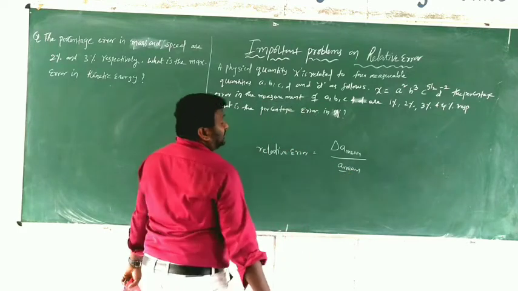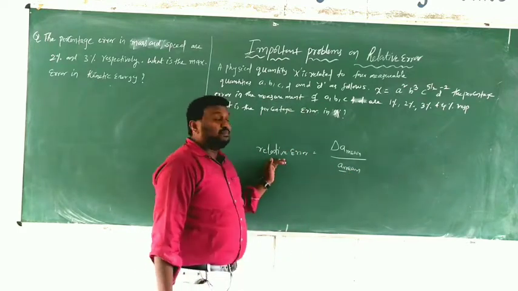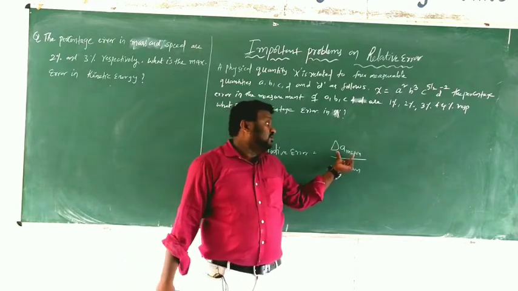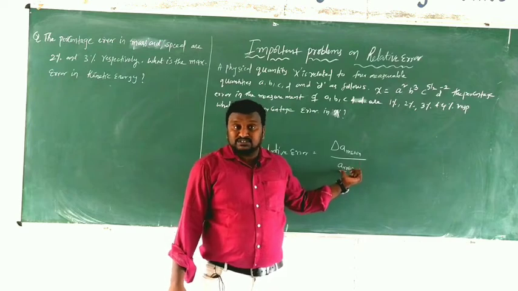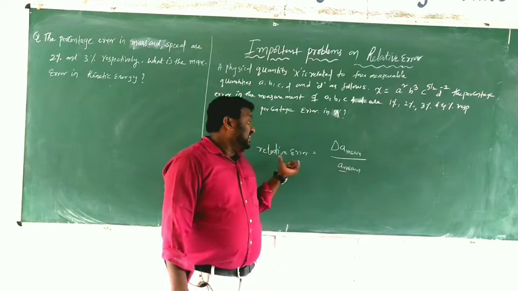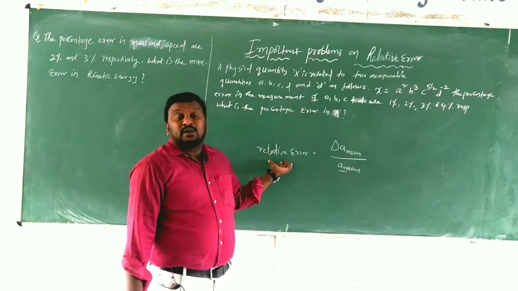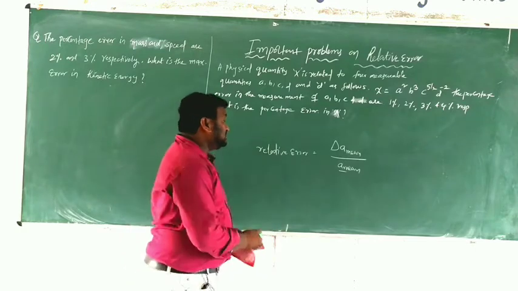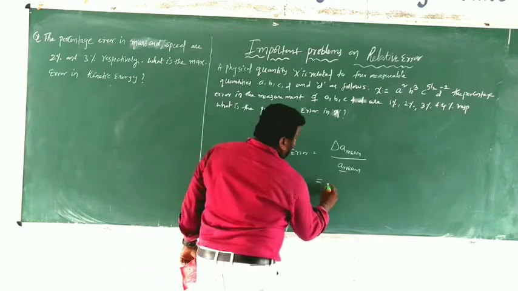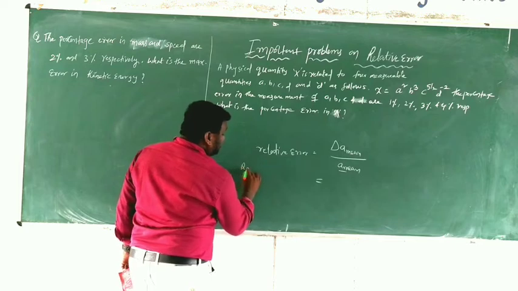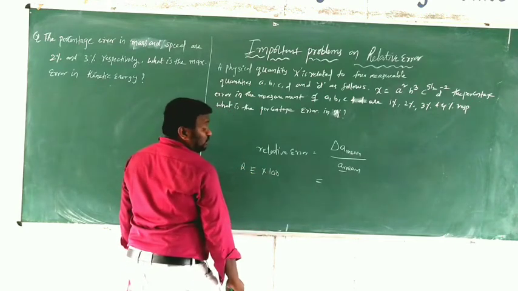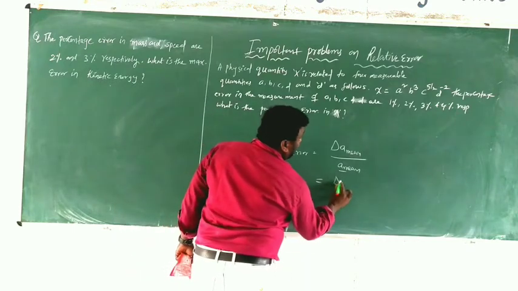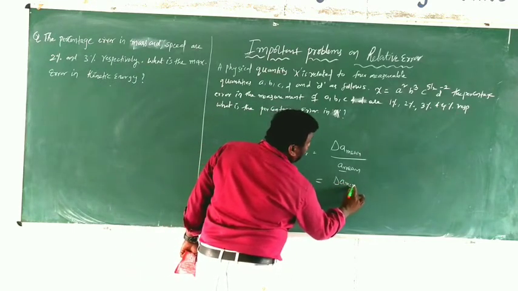Percentage of error means if we multiply the relative error by 100, we get the percentage of error.